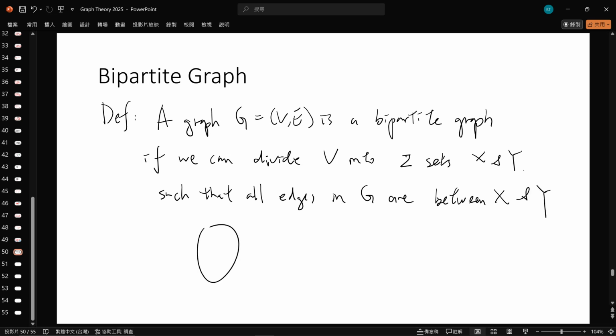Visually, you have one part X and another part Y. And in a bipartite graph, all edges are between these two parts, okay? And if it is a complete bipartite graph, then for every pair of vertices in X and Y, they must be connected by one edge. Okay?